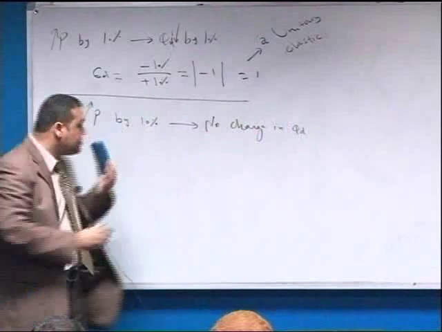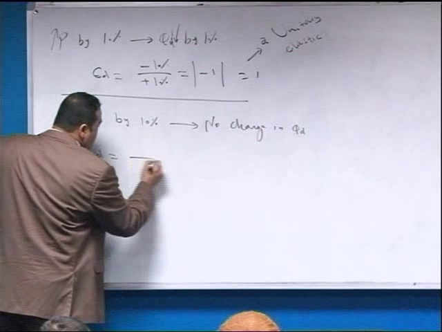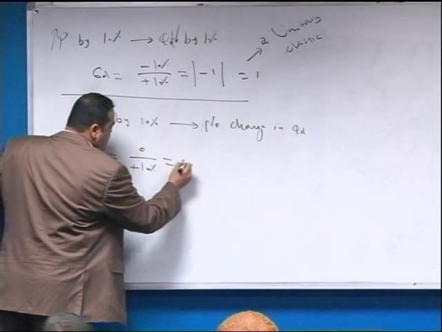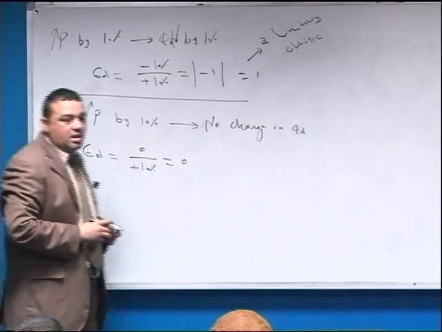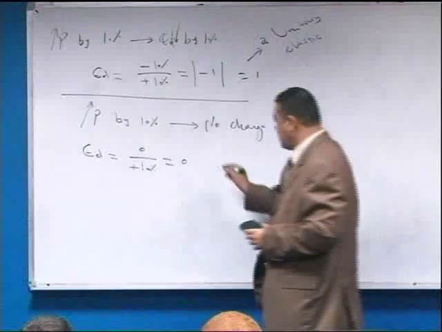So ED equals 0 over positive 10%, which equals 0. It's called perfectly inelastic.